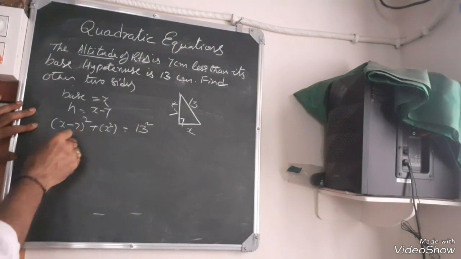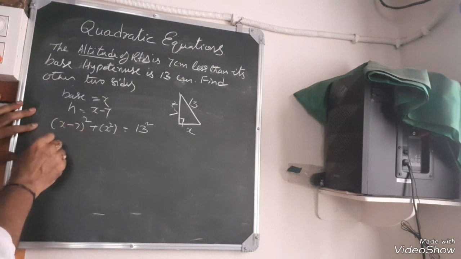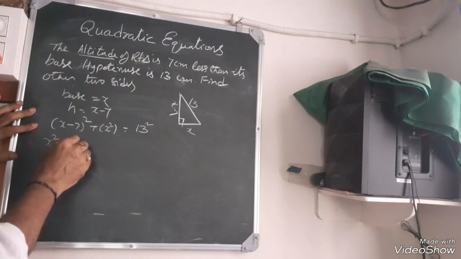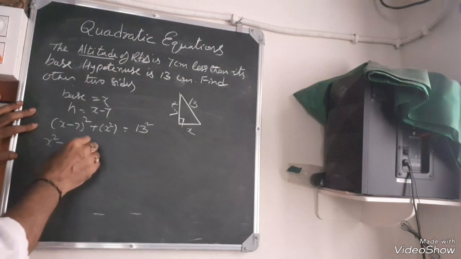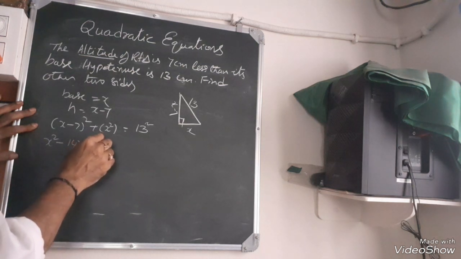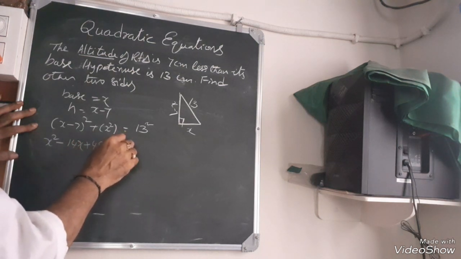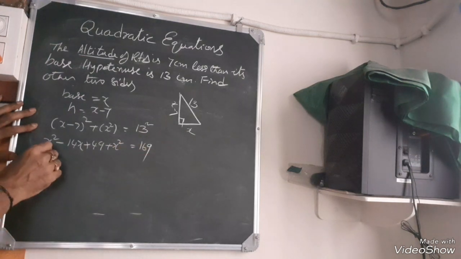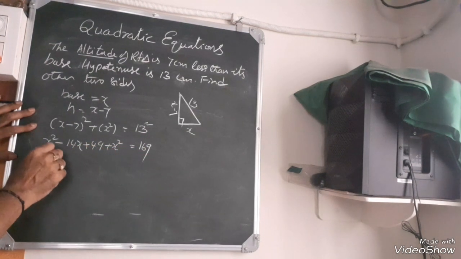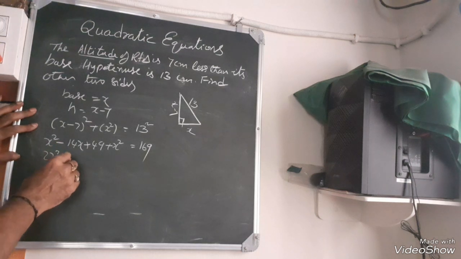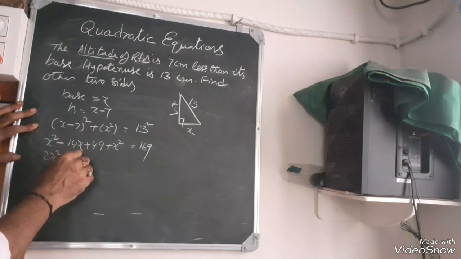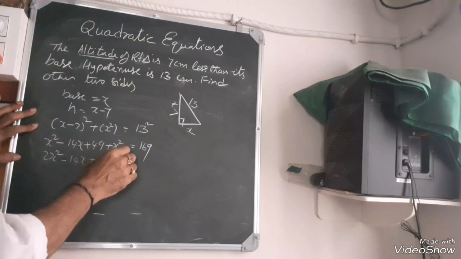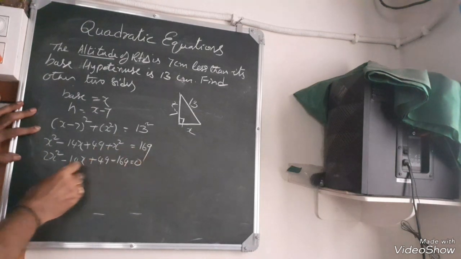Then you get a minus b whole square form, x square minus 2ab, 14x plus b square, 49 plus x square equal to 169. Then we get x square plus x square, 2x square minus 14x plus 49 minus 169 equal to 0.